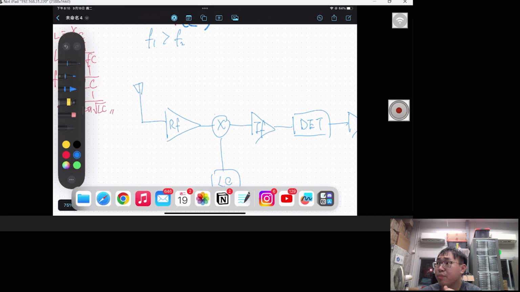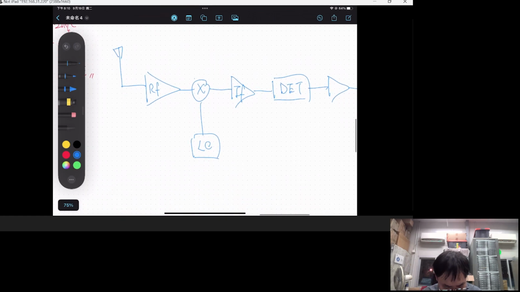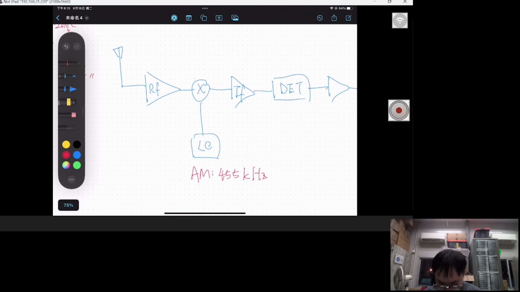As I remember, according to my memory, for the AM frequency, the oscillator is around 455 kilohertz. So correct me if I'm wrong. And for FM, it is 10.7 megahertz.